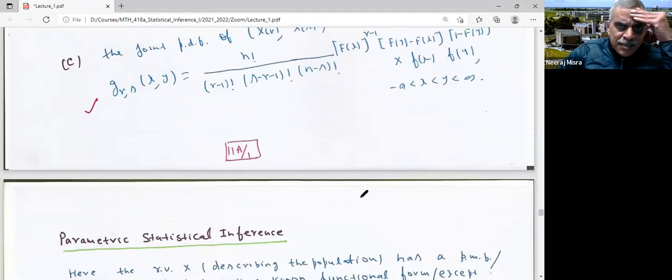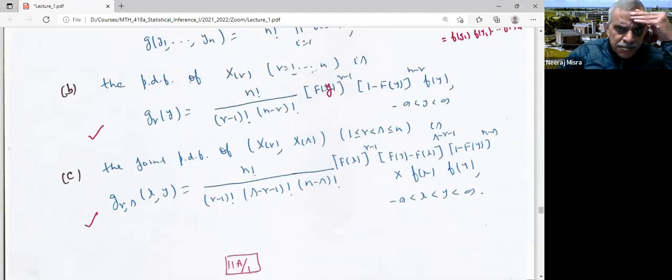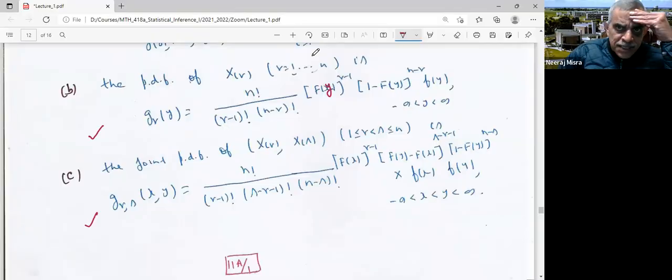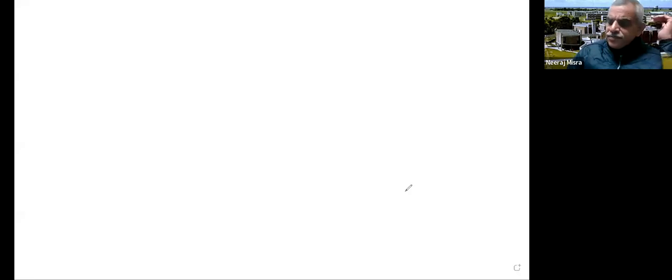Now there are other results which are of use. One such result comes from your central limit theorem. So let me just write down those over here.